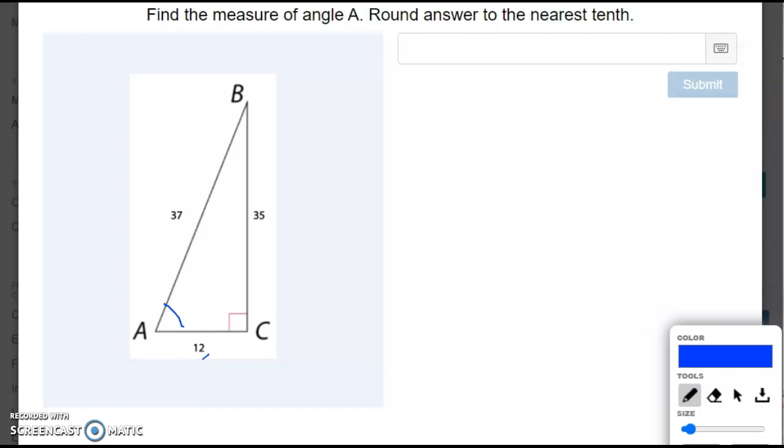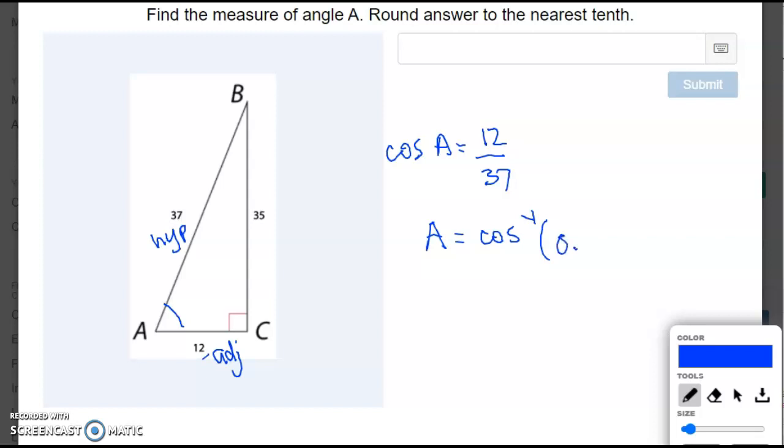Let's just use cosine. So cosine of A is going to be adjacent over hypotenuse. So adjacent is 12 over 37. And then I know that A is going to be inverse cosine of 12 divided by 37. 12 divided by 37 is going to be equal to 0.3243.